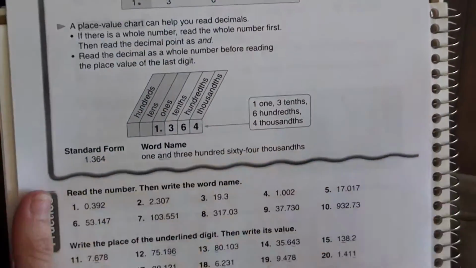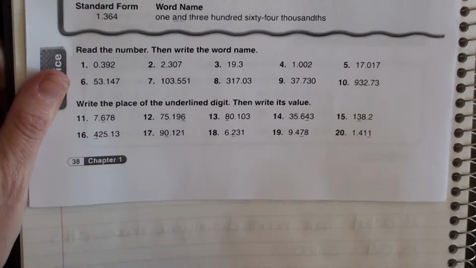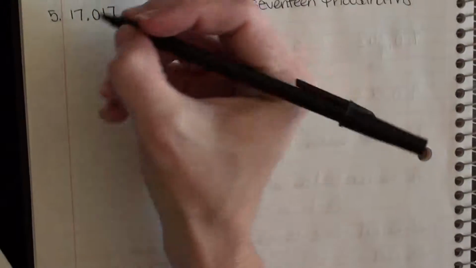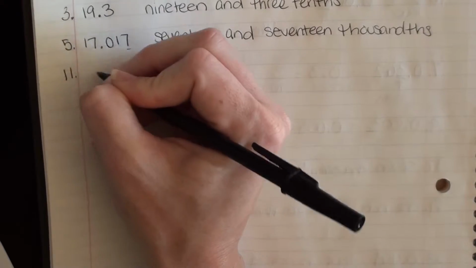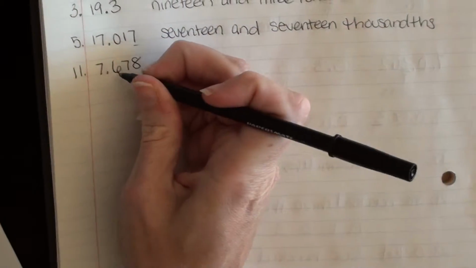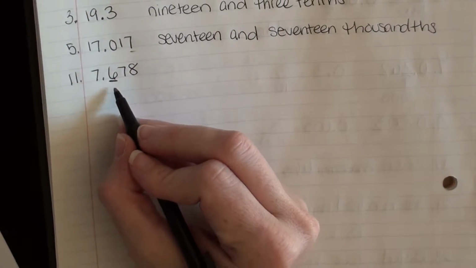Now with the next section, they ask you to take the underlined digit and tell me its value. Okay. So for number 11, we have 7 and 678 thousandths, and the 6 is underlined. And what place value is that 6 in?